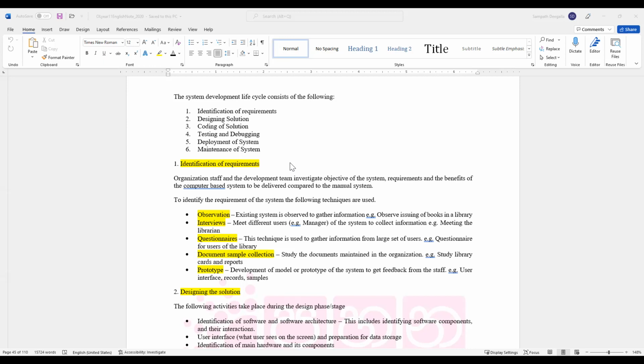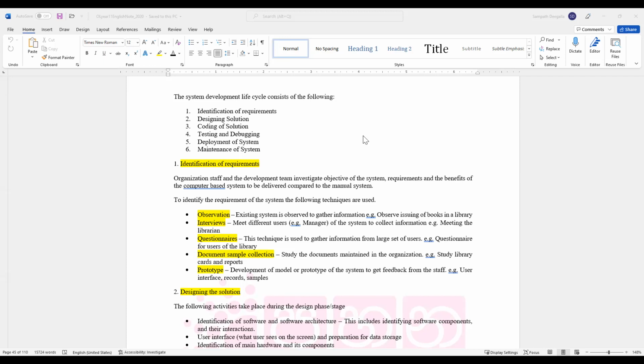So the first one is identification of requirements. We need to identify all the requirements. So that's the first thing. Then that's done by Anwar, right? It says Anwar.